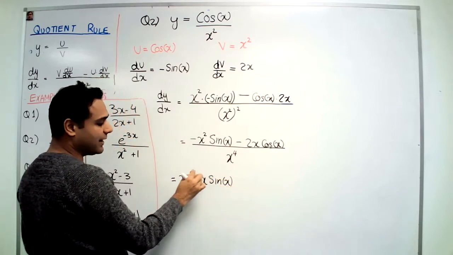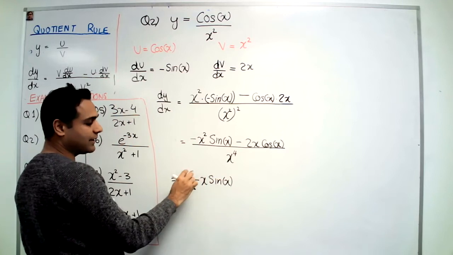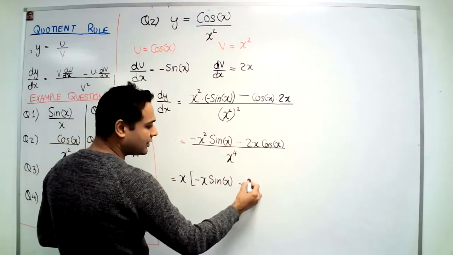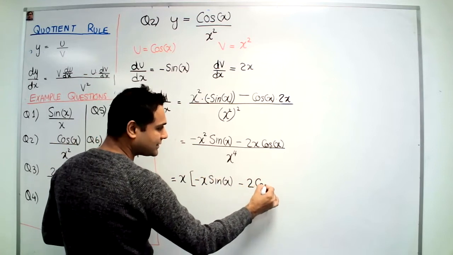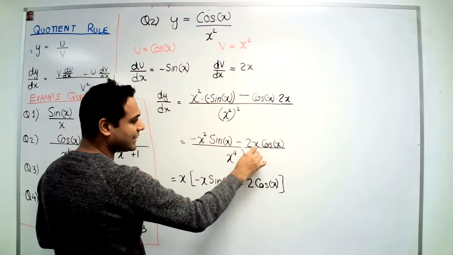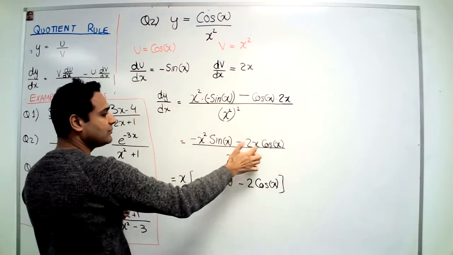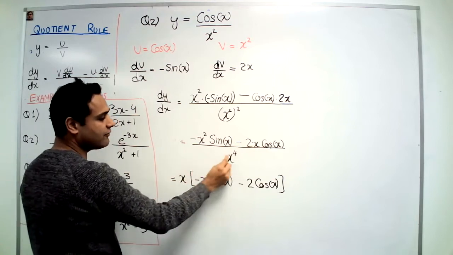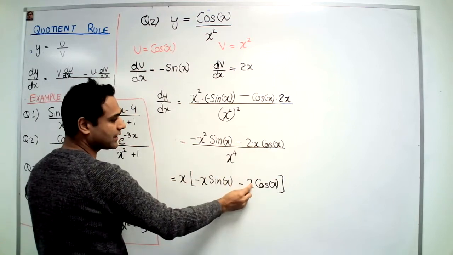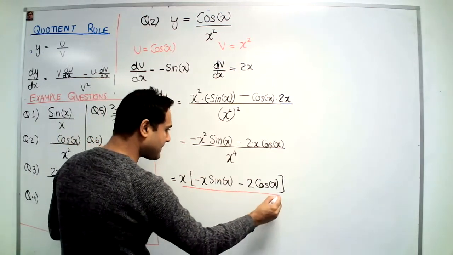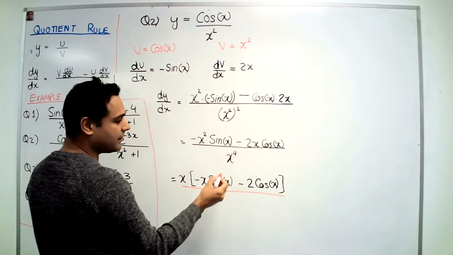It was x squared, but I've taken one x out, so that becomes just x here. Minus 2 cos x, because this x I've taken outside is now multiplying. If you multiply it here, it becomes x squared, and here it becomes 2x. Divided by x to the power 4.